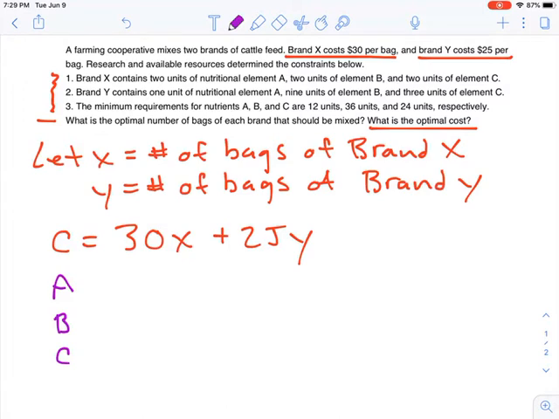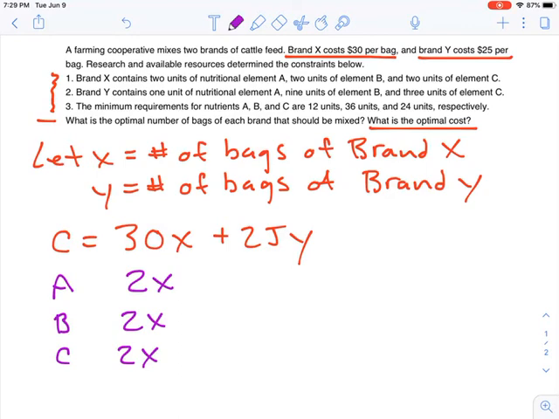And so brand X contains 2 units of element A. So if we take 2 units of element A times the number of bags of X. 2 units of element B, so 2 times the number of bags of X. And 2 units of C, so 2X there.